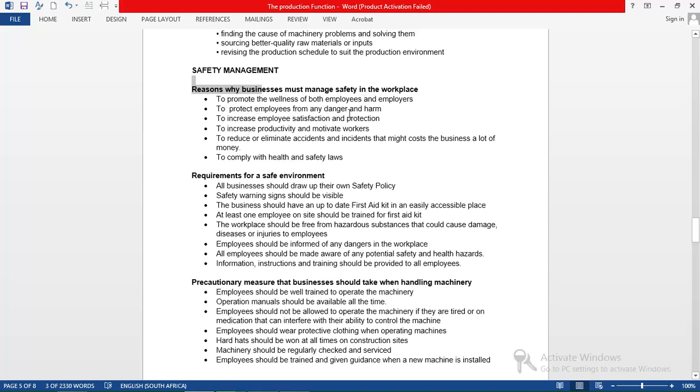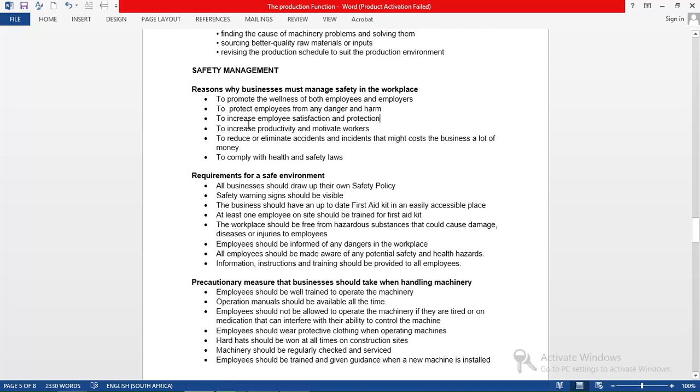Also, to protect the employees from danger when they are working, to make sure that they don't encounter any danger, any harm, or get exposed to any hazardous chemicals or anything that can cause damage or injuries to them. That will lead to a lot of problems.